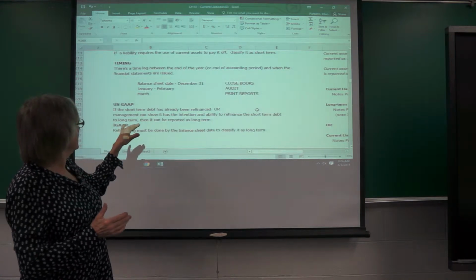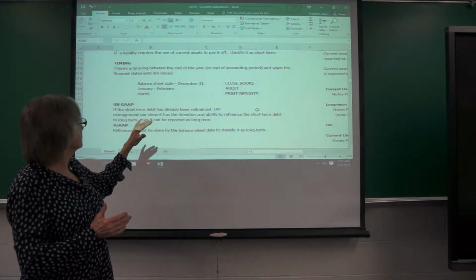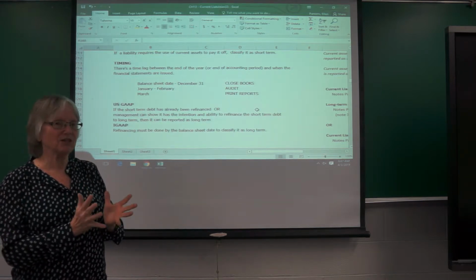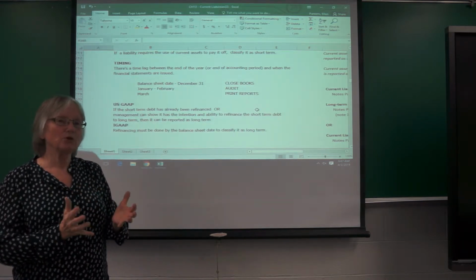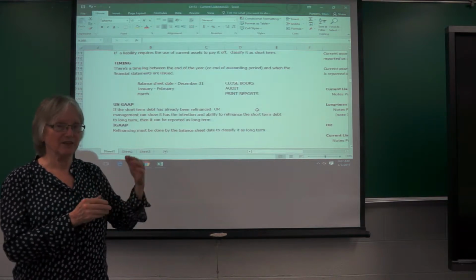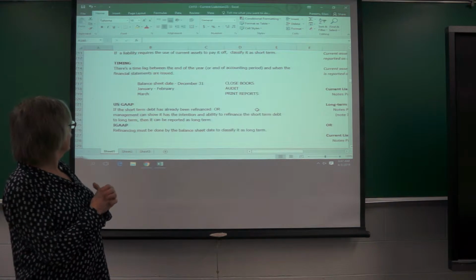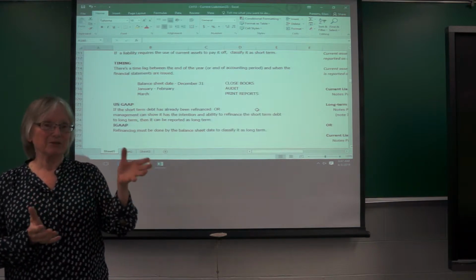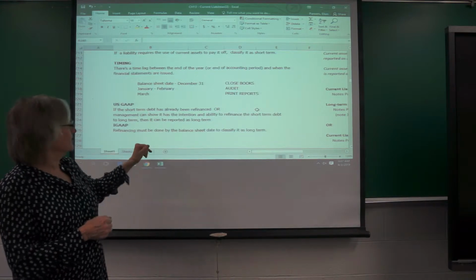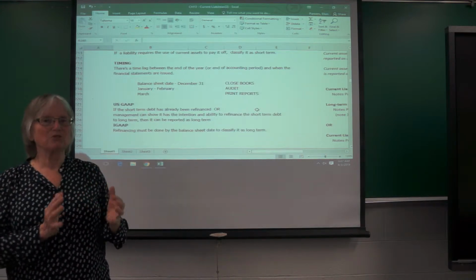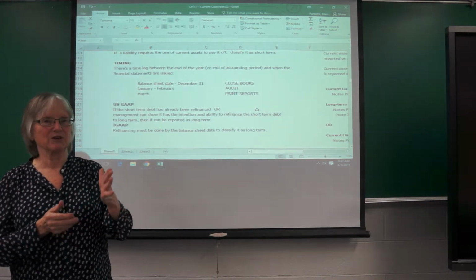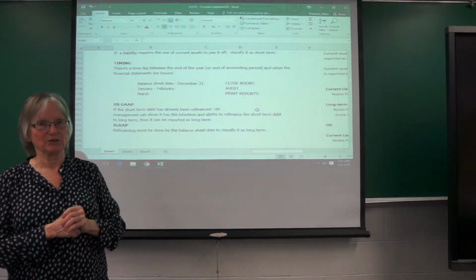If the short-term debt has already been refinanced, or management has the ability and the intention to refinance it, then according to US GAAP you can classify that as long-term debt on that 12/31 balance sheet, even though nothing happened until, say, January or February. IGAAP is different. The refinancing has to have been done by 12/31 in order to classify it as long-term, otherwise it has to be short-term.